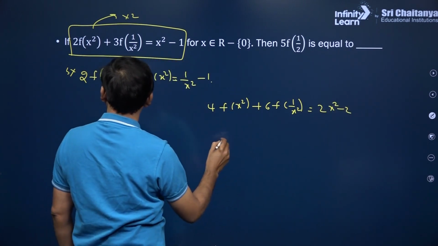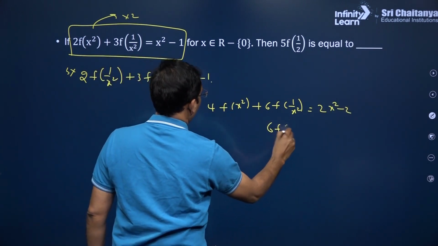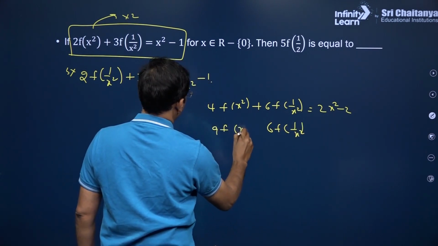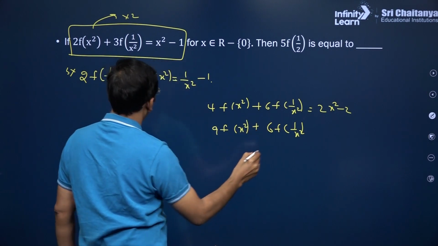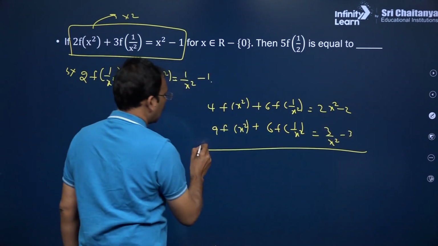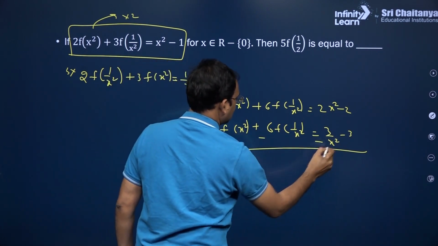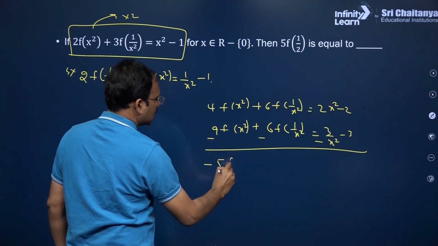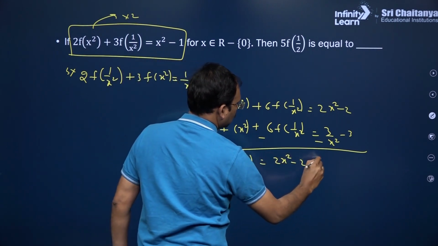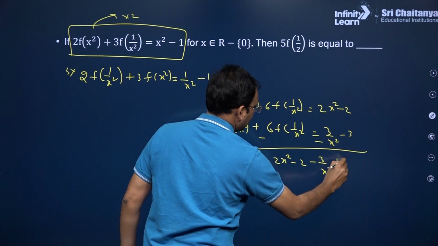The second will become 6 f of 1 by x square, and this becomes 9 f of x square. You multiply with 3, so you will get 3 by x square minus 3. Now you just subtract, my dear friends. So this is going to be minus 5 into f of x square is 2 x square minus 2 minus 3 by x square plus 3.